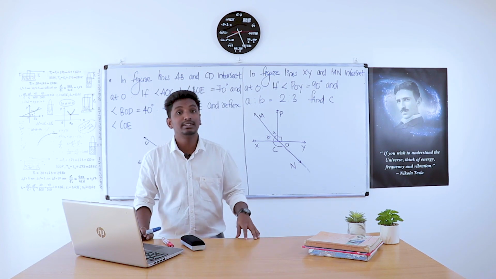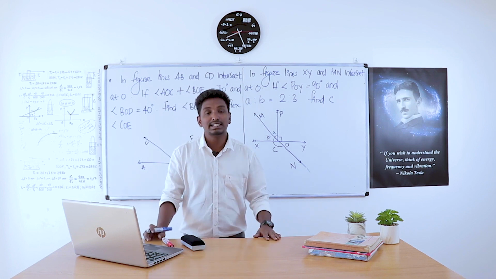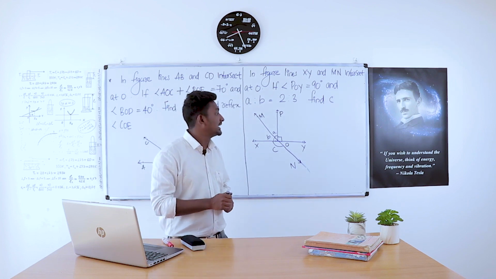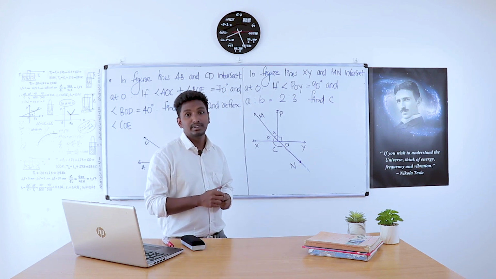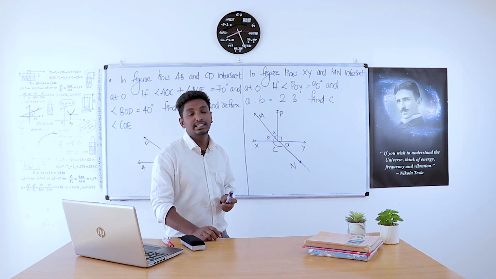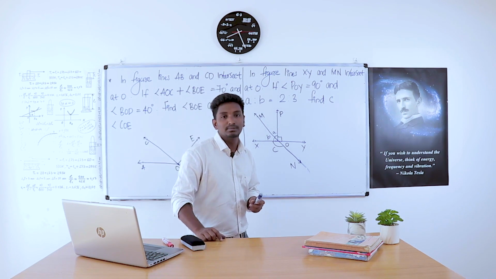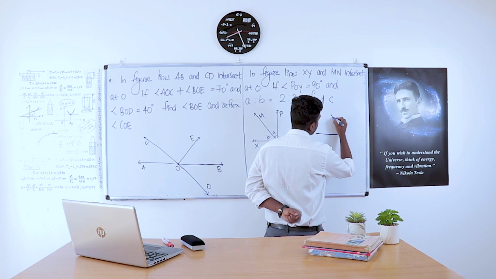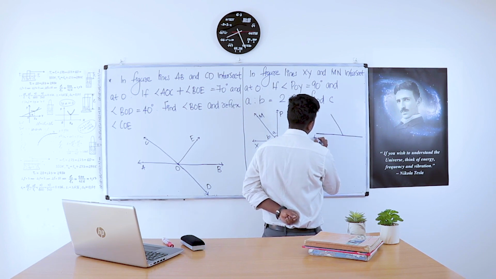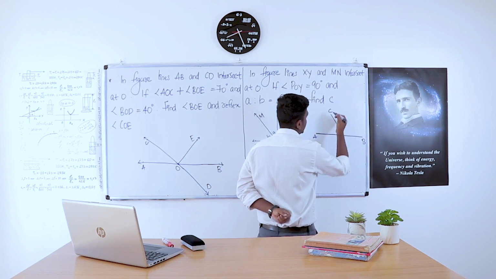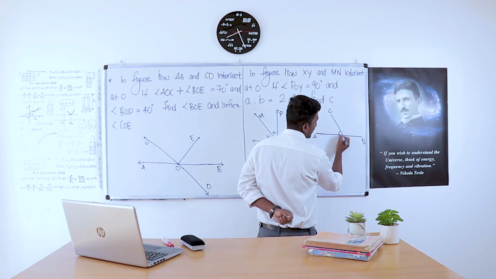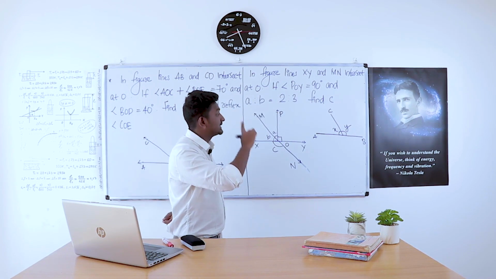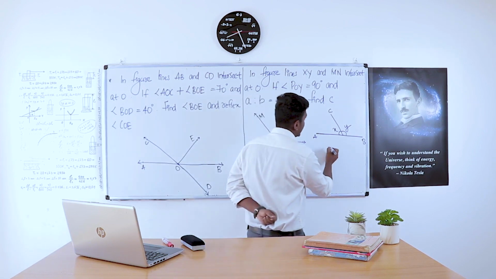The first axiom given in your textbook is that if the adjacent angles of a line segment sum to 180 degrees, then the non-common arms form a straight line. Consider an angle like this, A, B and C, where the adjacent angles are represented as X and Y. Put a point O here. The common arm is OC, and the non-common arms are AO and BO.